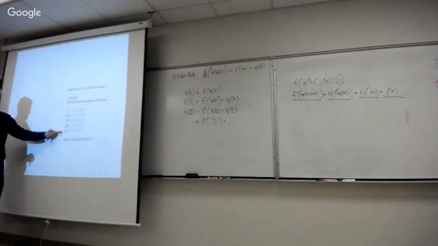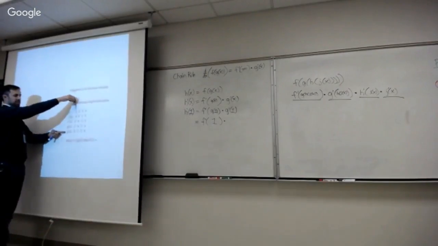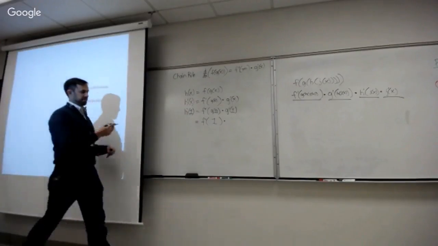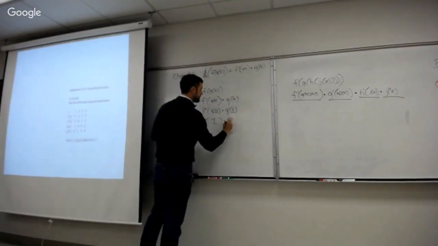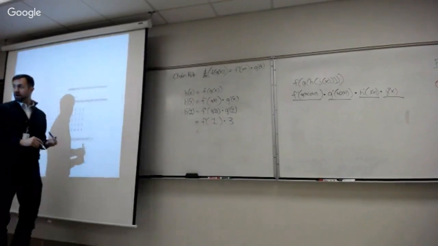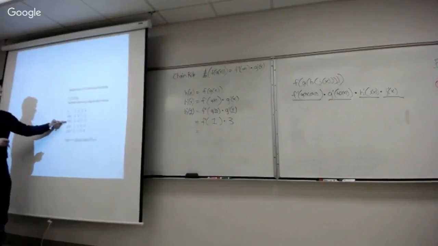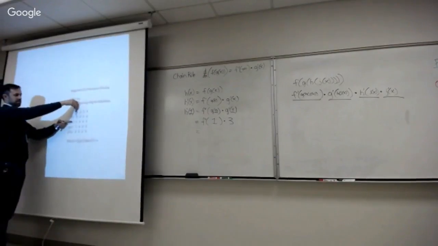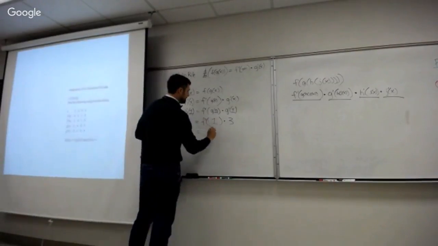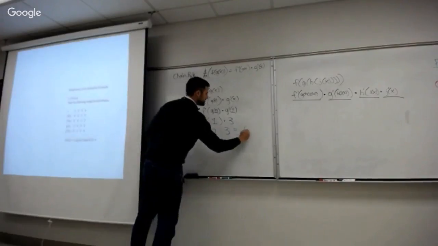I come over here, here's my g prime. Here's 1. g prime of 1 is equal to 3. So now I have 3 out there. Well, now I can go ahead and look up the next value, which is f prime of 1. So here's my f prime of 1, and that's equal to 2. So now I have 2 times 3, which is equal to 6.